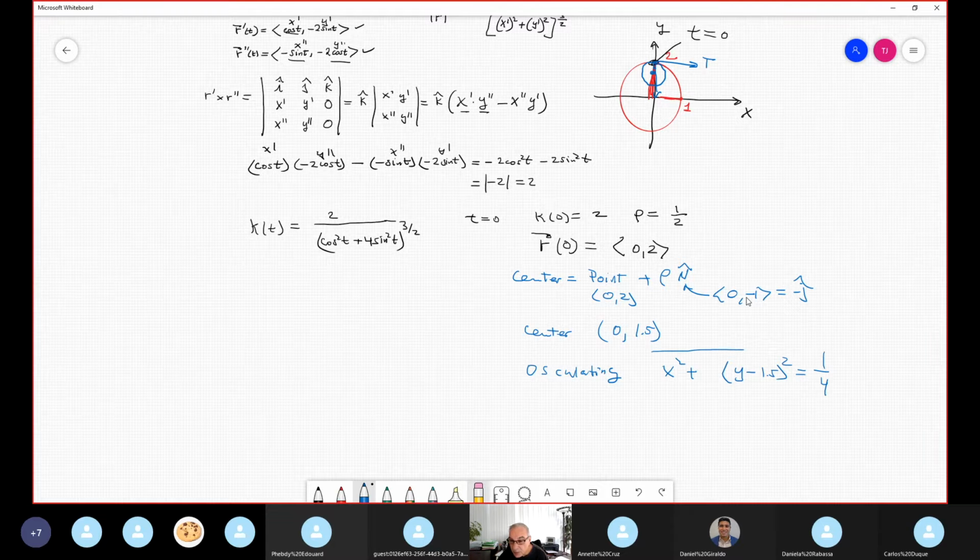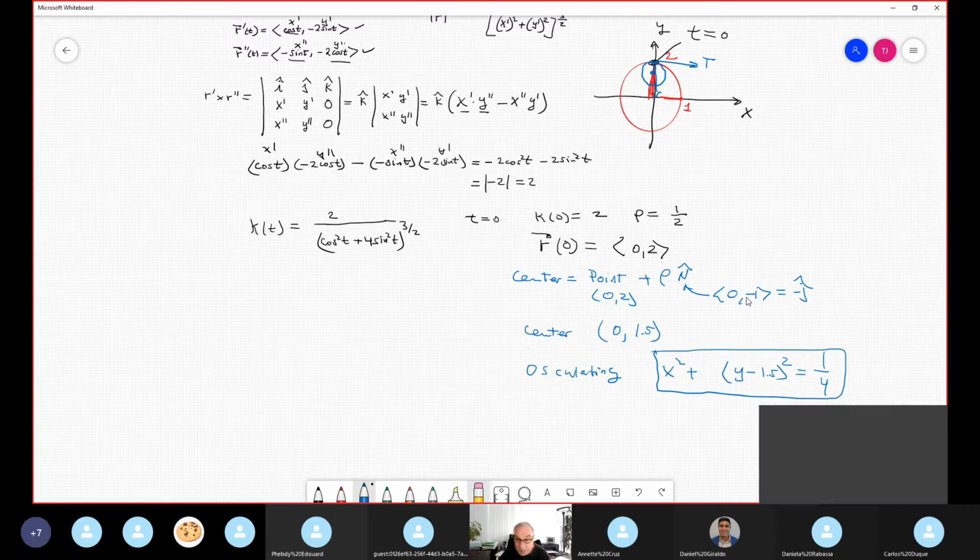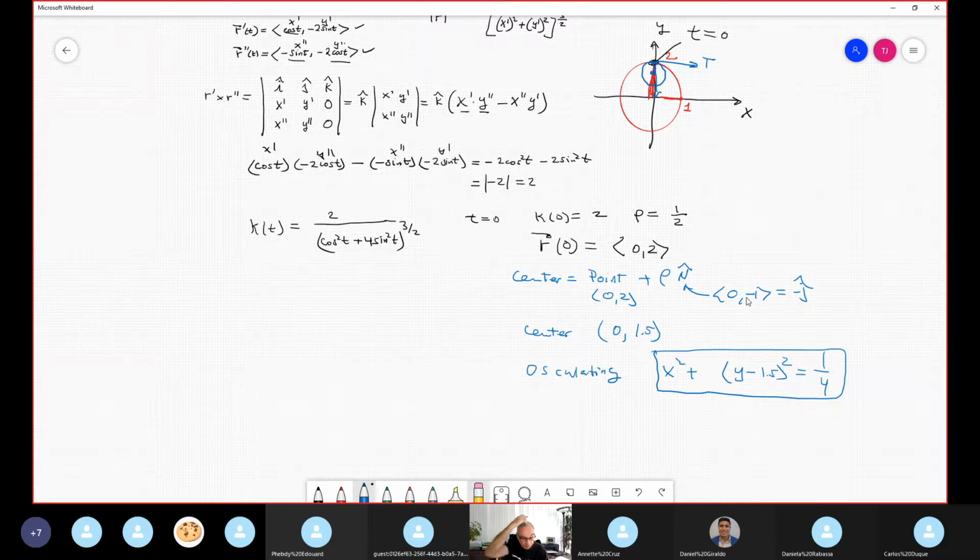This is the formula for the osculating circle. Do you see or no? Fantastic. Okay, this was a confusing problem, but don't worry. I will try another, clearer problem.